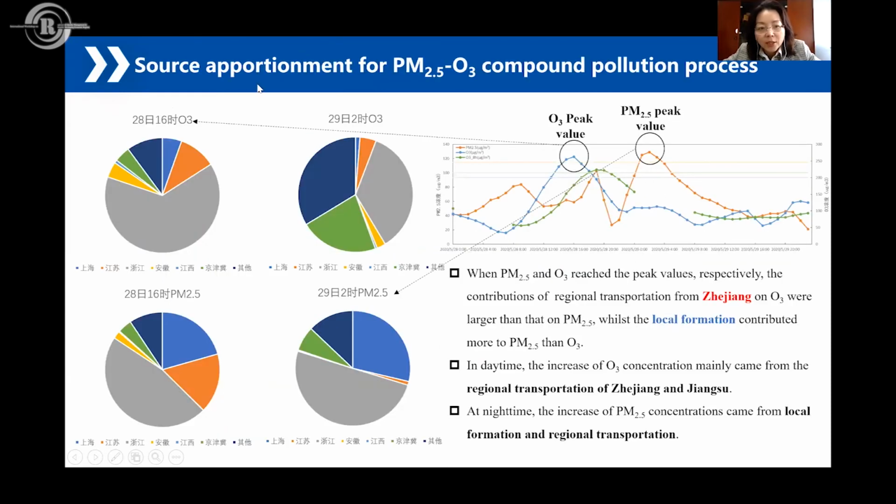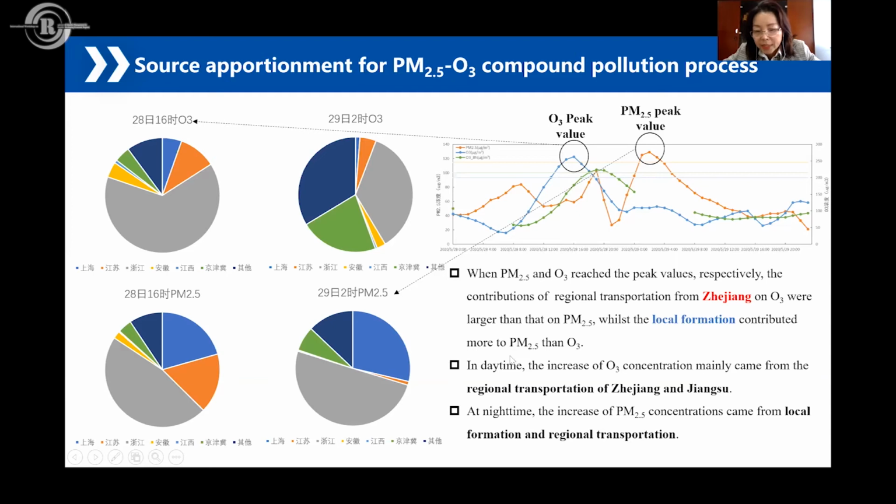Together with modeling tools, we can make the source apportionment. For the ozone peak value, there is more regional contribution, what we call long-range transport from other provinces. In the daytime, the increase of the ozone concentration is also contributed by other provinces.